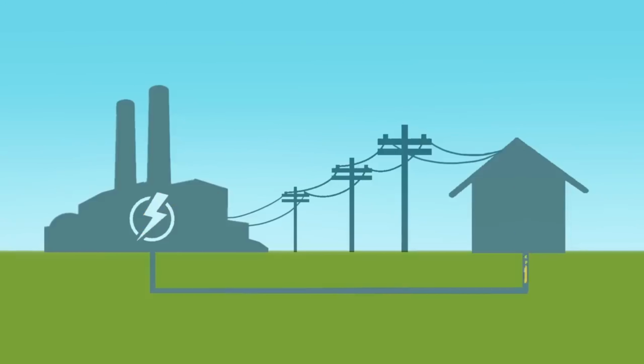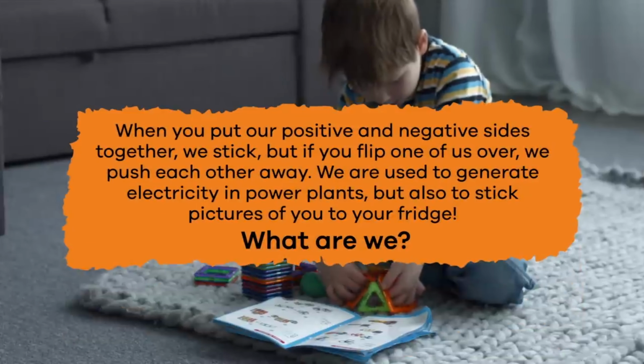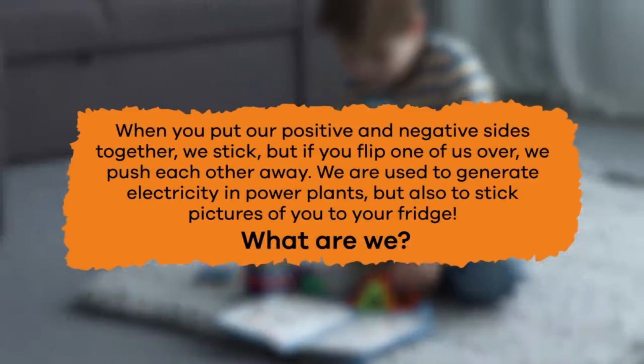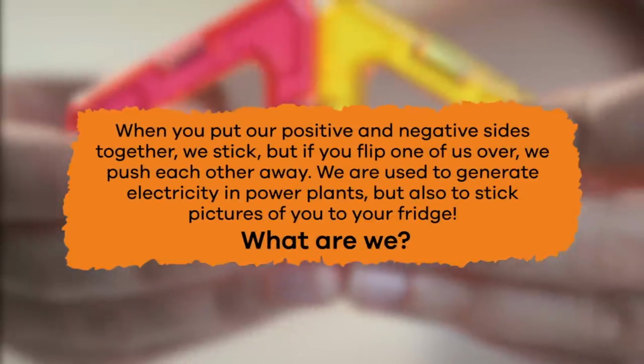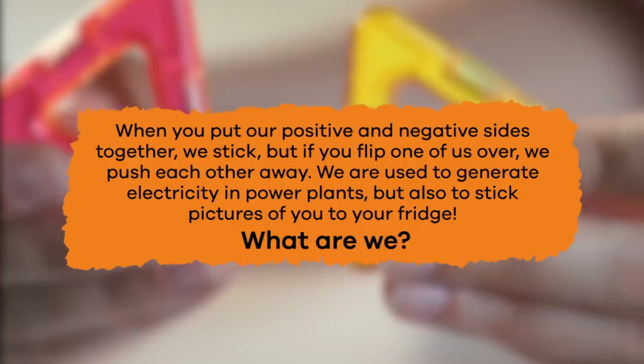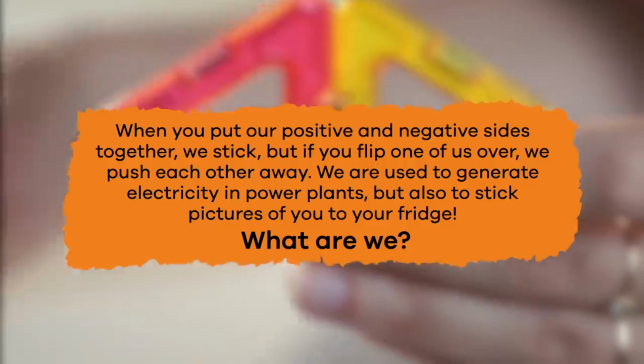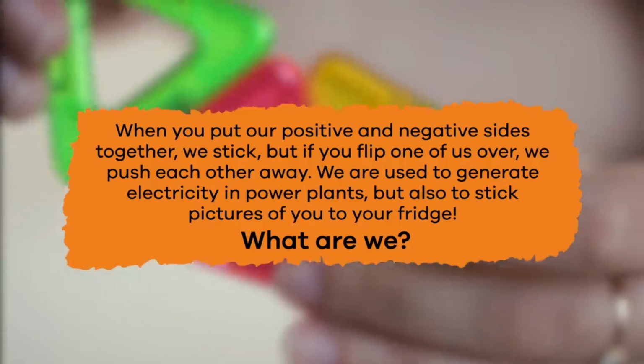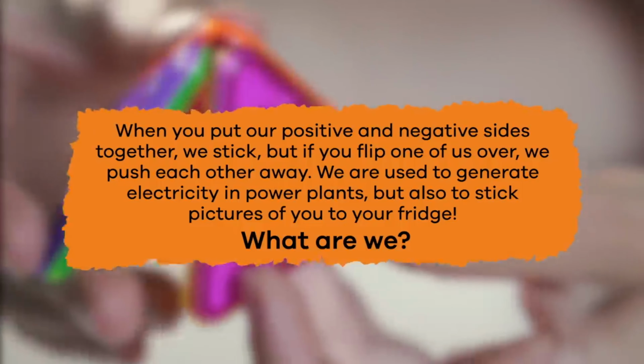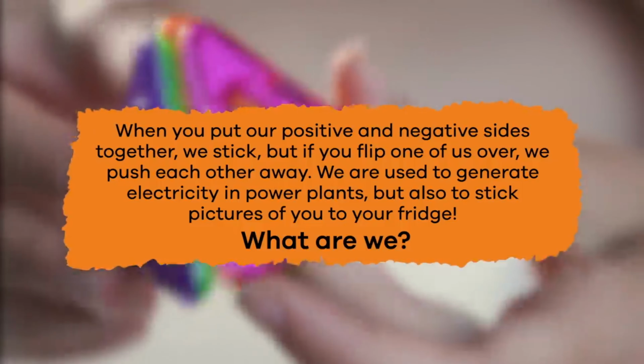Here's your last riddle. When you put our positive and negative sides together, we stick. But if you flip one of us over, we push each other away. We are used to generate electricity in power plants, but also stick pictures of you to your fridge. What are we?